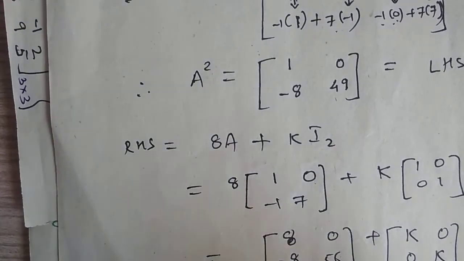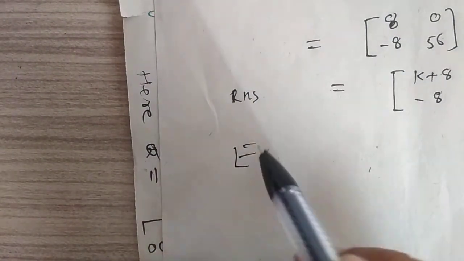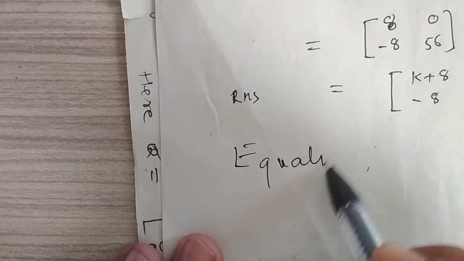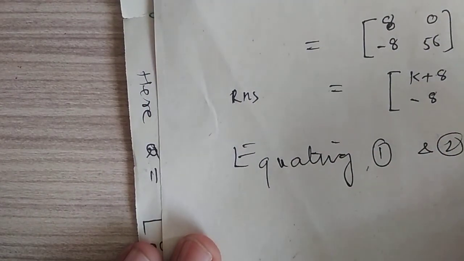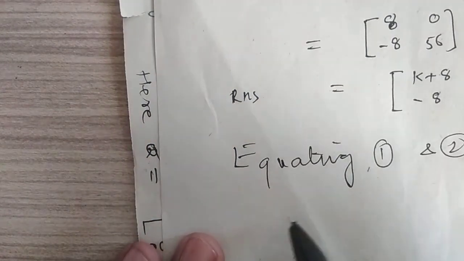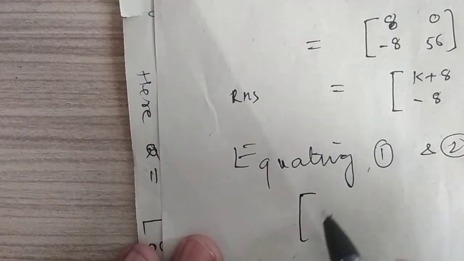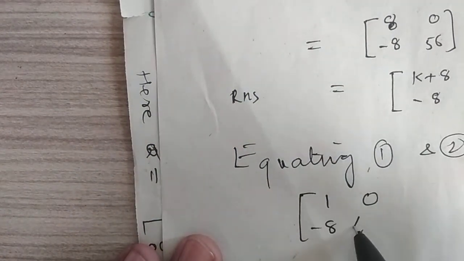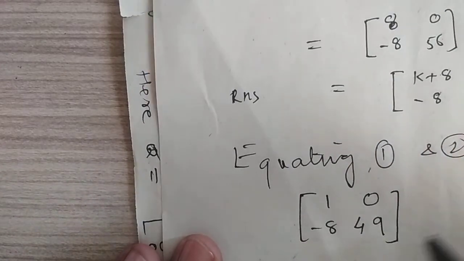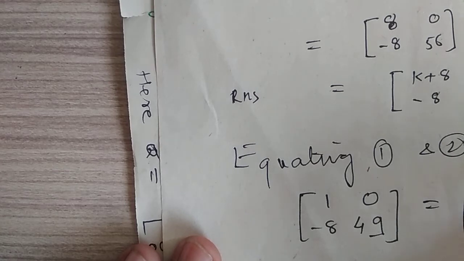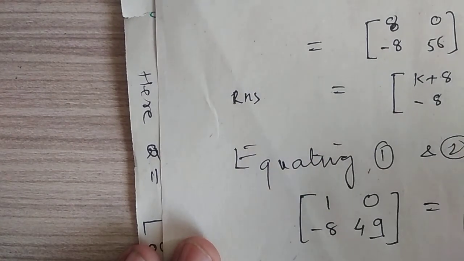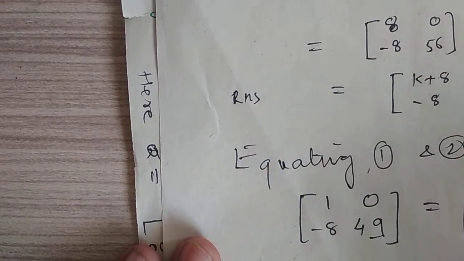We are going to equate equations 1 and 2, so LHS is equal to RHS. The value of A squared is [1, 0; -8, 49], which is equal to [k plus 8, 0; -8, k plus 56].